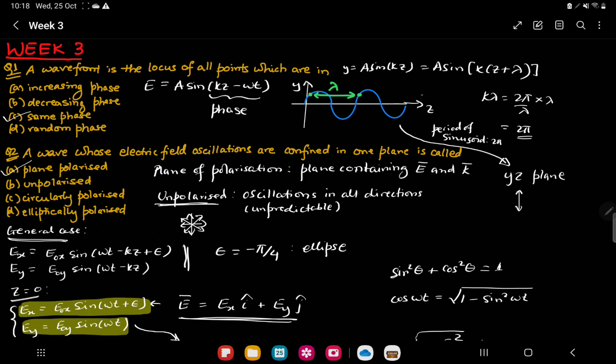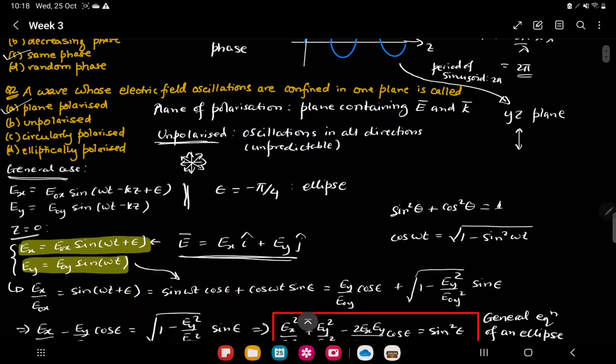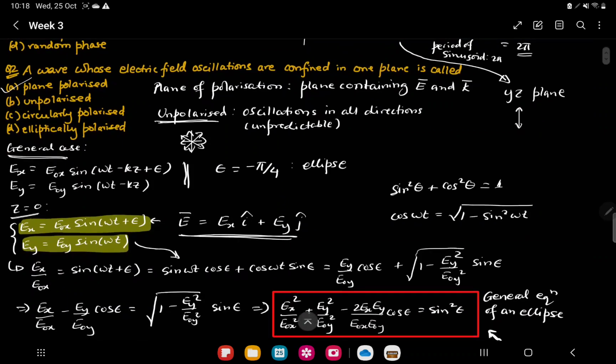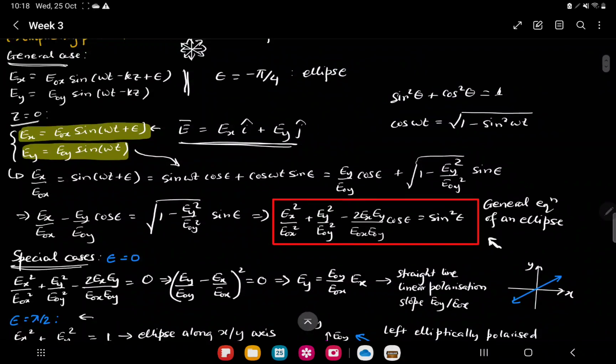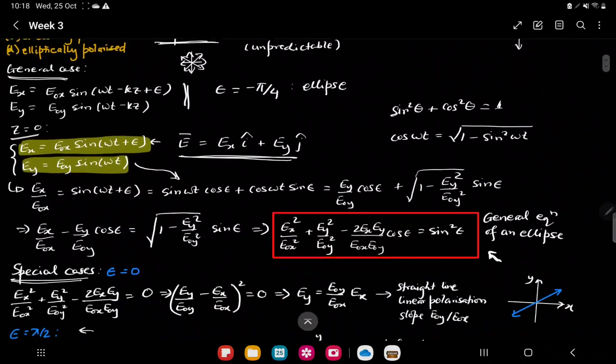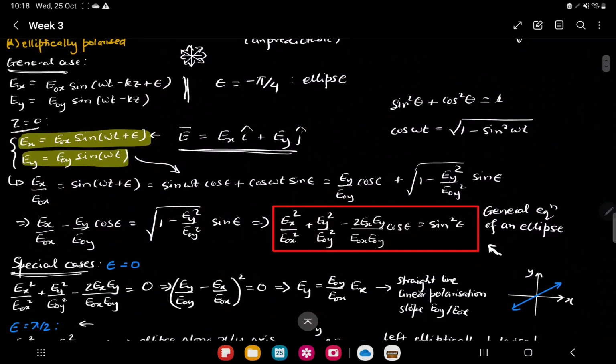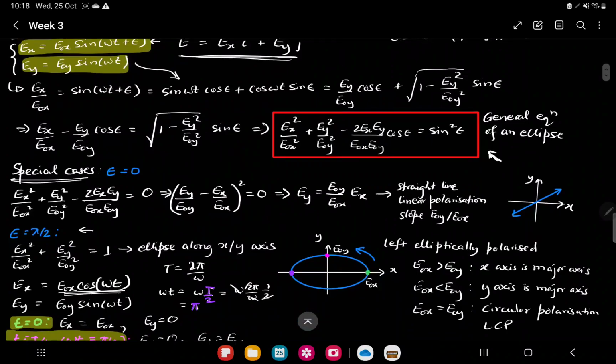Wavefront is the locus of all points which are in the same phase. A wave whose electric field oscillations are confined in one plane is called plane polarized. And then we discuss some examples of polarization: linear, elliptical, circular.